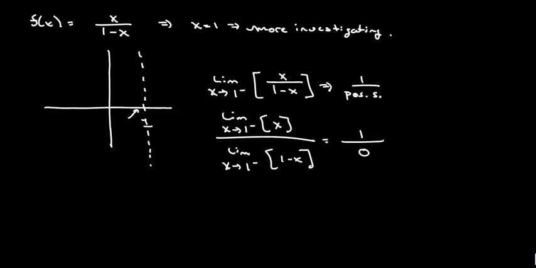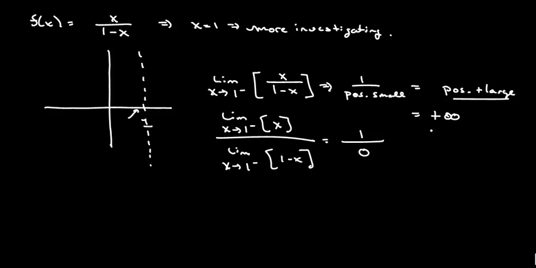So the overall effect is that the total number is going to be positive, and we're taking 1 and dividing it by an extremely small number. So it'll be positive and large. That's the overall impact. In fact, as we get closer and closer to 1, the denominator gets smaller and smaller, and the quotient gets larger and larger. So we go towards positive infinity.